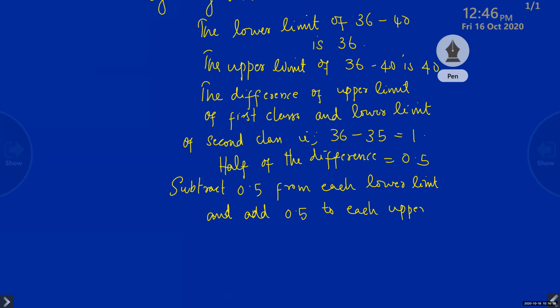I hope you understood this. Is it, children? Okay, so this way we can make one data continuous.